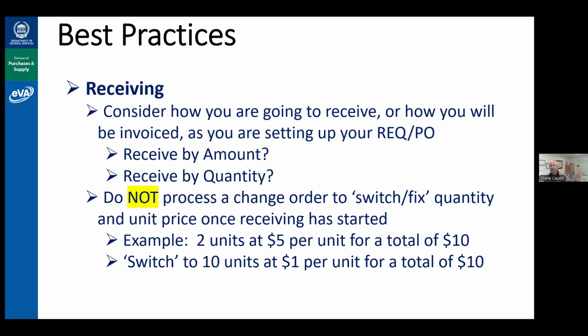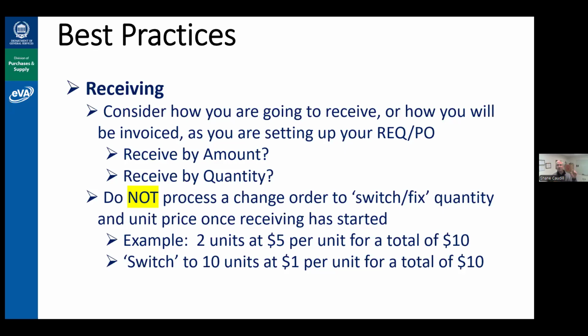How are you going to bill me for this service? How are you going to ship me these goods? That's really going to help you think, from the procurement side, how do I need to set this up so that at the end of this process, getting that three-way match done, getting these things received, getting that invoice tied in, it makes sense.